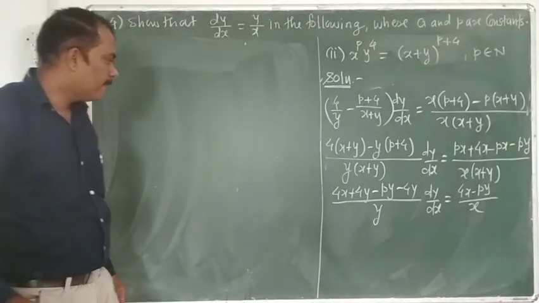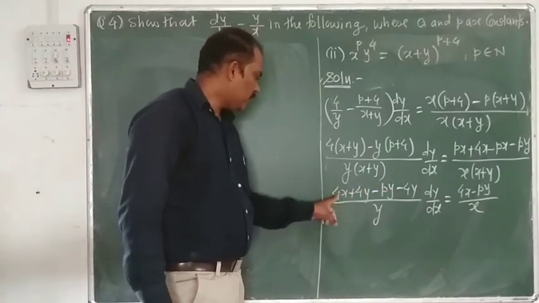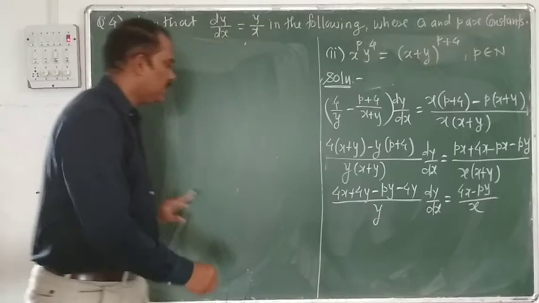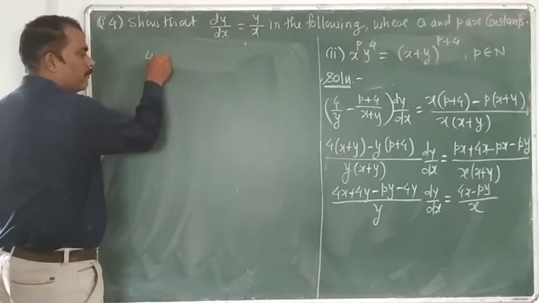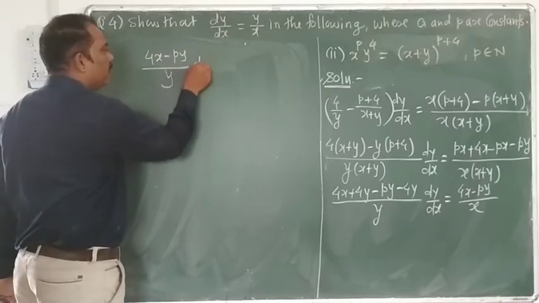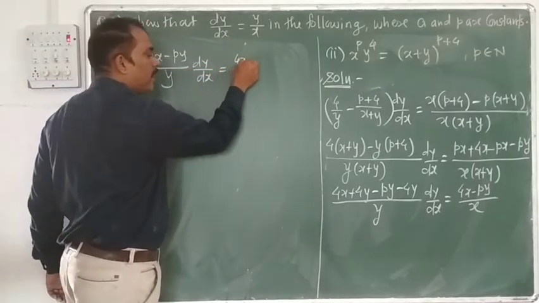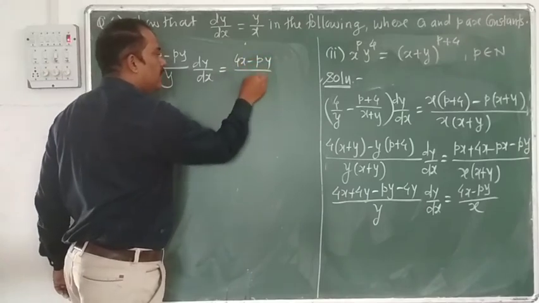Plus 4y minus 4y get cancelled, so 4x minus py remaining: (4x minus py) divided by y into dy by dx is equal to (4x minus py) divided by x.